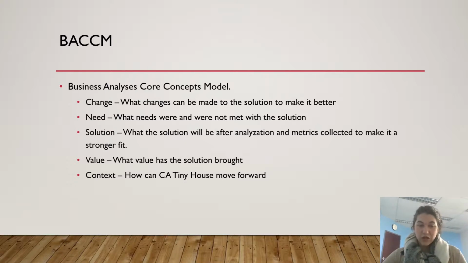The solution would be what the solution will be after analysis and metrics collected to make it a stronger fit for the project. The value we analyzed and took a lot of metrics, so the value is what the solution is bringing to the company as of today, and context would be how California Tiny House can move forward after implementing the solution, what's next on their playing field with this new state that they're now living in.